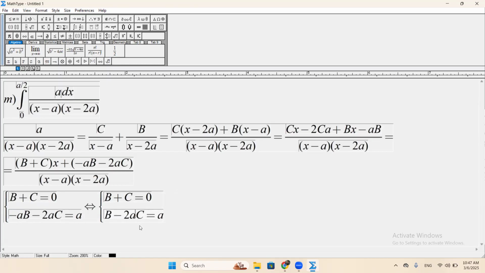So B plus 2C equals minus 1. If I subtract the first equation from the second, I will receive C equals minus 1. Then B equals 1.